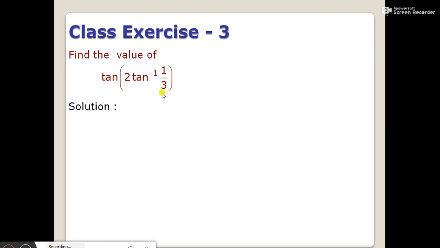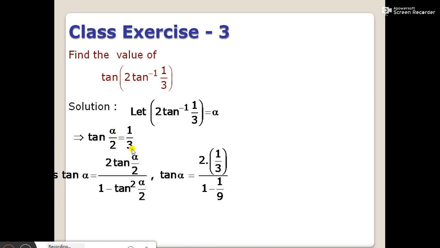And now we have to solve this. Find the value of tangent of 2 tangent inverse 1 by 3. First of all, we consider this angle 2 tangent inverse 1 by 3 as alpha. Then take this 2 on the denominator of alpha, and then take tangent. You will get tangent alpha by 2 is equal to 1 by 3.